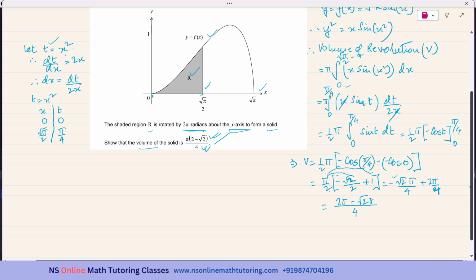And I will be taking out the pi, so it is pi times 2 minus root 2 over 4. Okay. So this is shown.